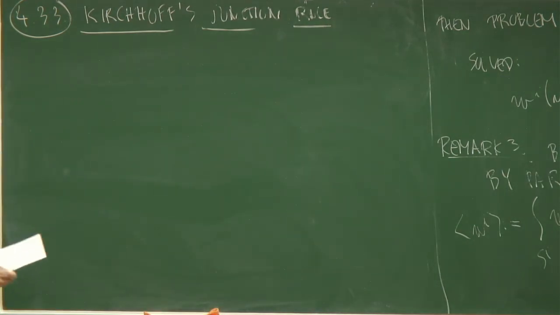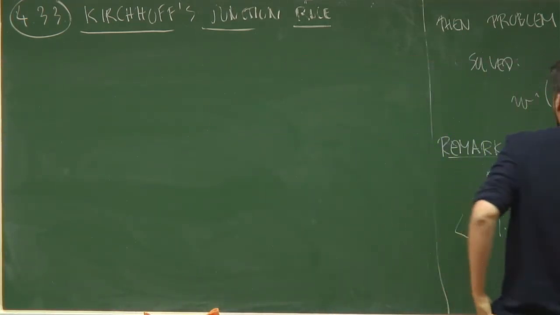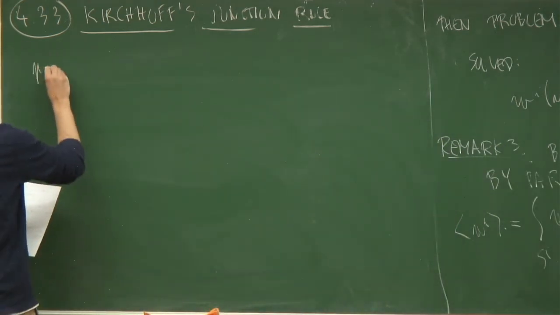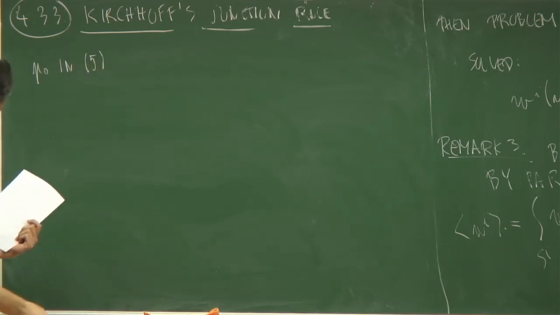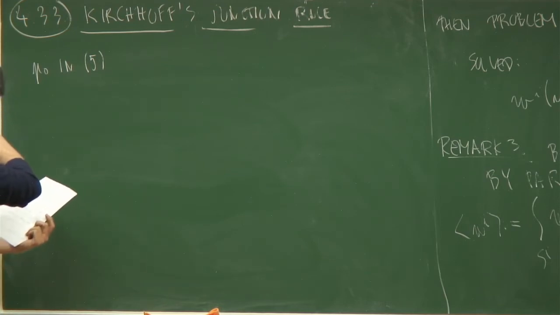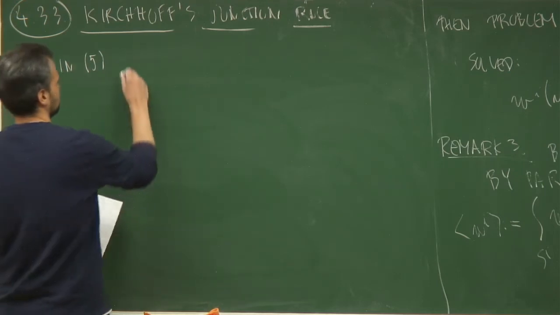So the problem is the pressure P0 in the junction. Sorry. P0 in 5, which was the expression for the power law plus safe law, the velocity, remains undetermined.